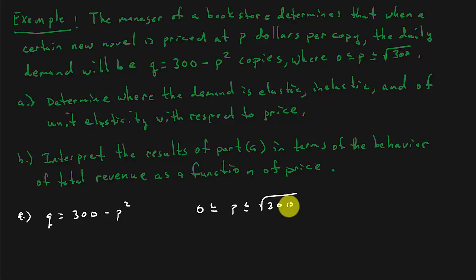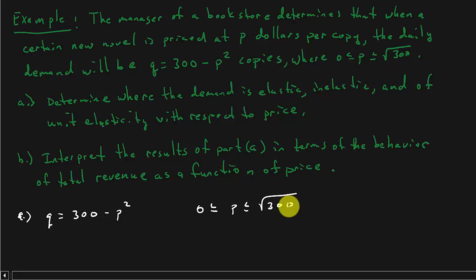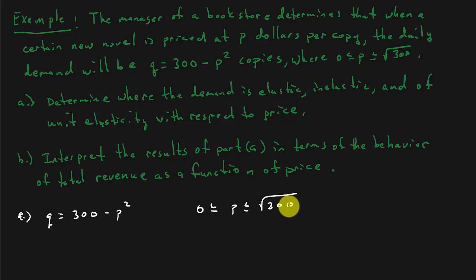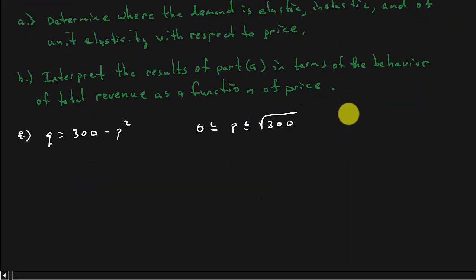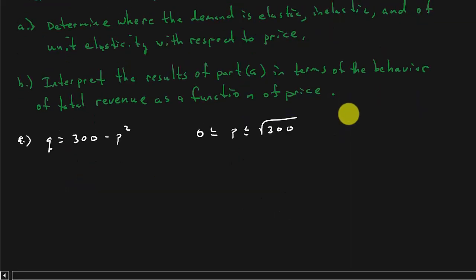All right. So we've got to find the elasticity of demand, and then we want to see when is it elastic, inelastic, and unit elasticity. Well, we know we're going to need the derivative of Q with respect to P, which is negative 2P.